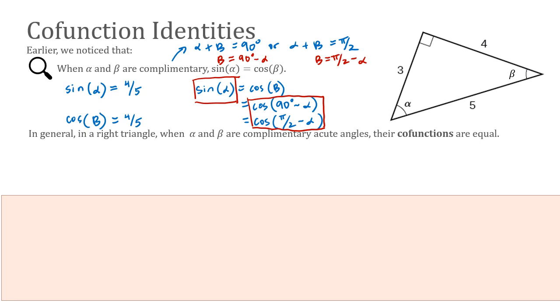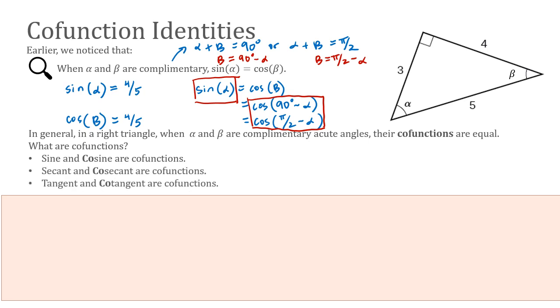In general, in a right triangle, when alpha and beta are complementary acute angles, then their cofunctions are equal. And what are cofunctions? Cofunctions have a co in front of them. So we've seen those. Sine and cosine are cofunctions. Secant and cosecant are cofunctions. And tangent and cotangent are cofunctions.